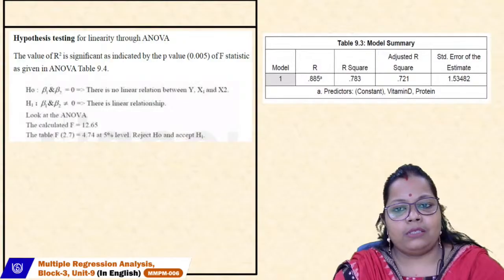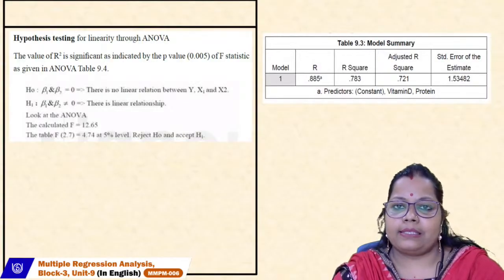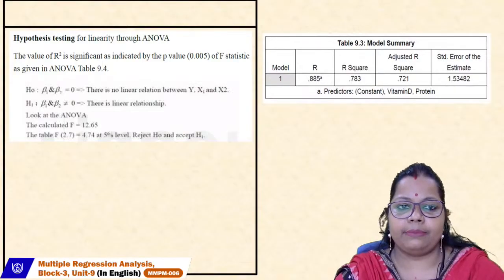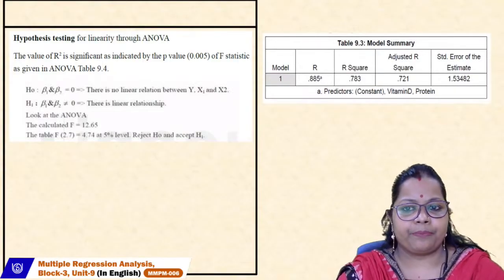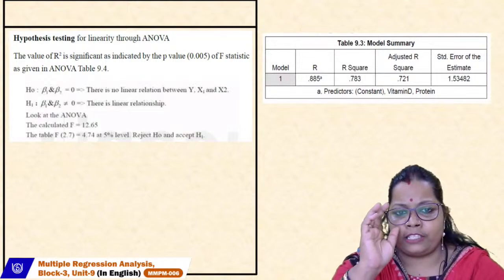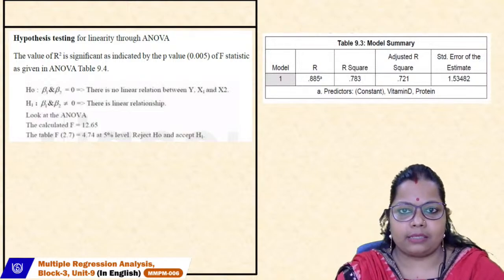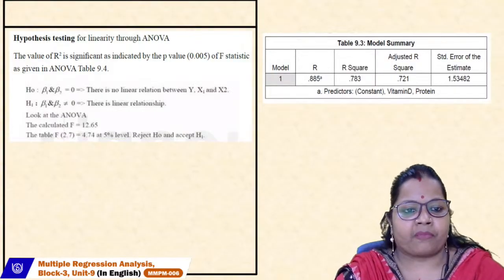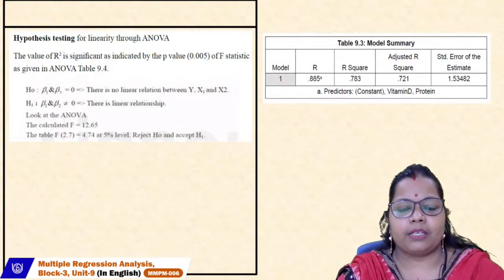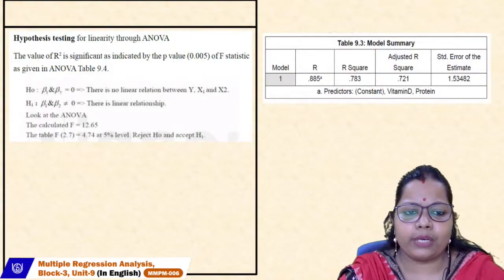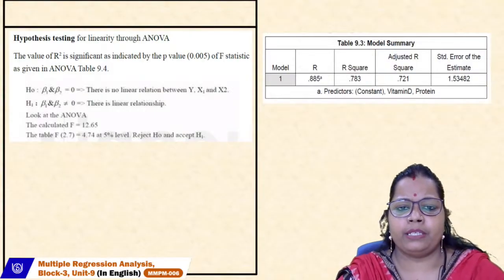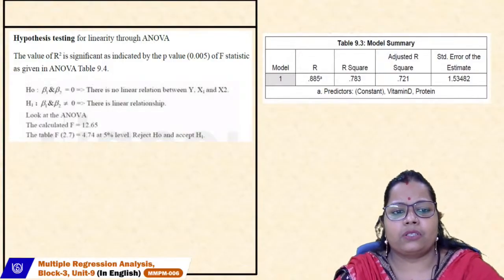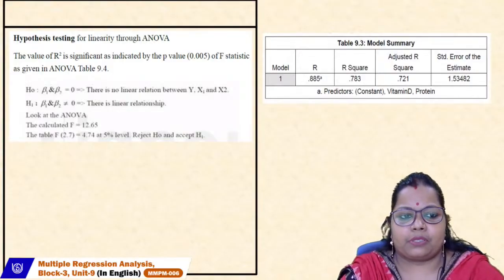What was the hypothesis discussed earlier? The null hypothesis, denoted by H0, and the alternative hypothesis, denoted by H1. H0 says status quo, as we discussed earlier. So what I have written here is that there is no linear relationship between Y, X1 and X2. That is the null hypothesis.